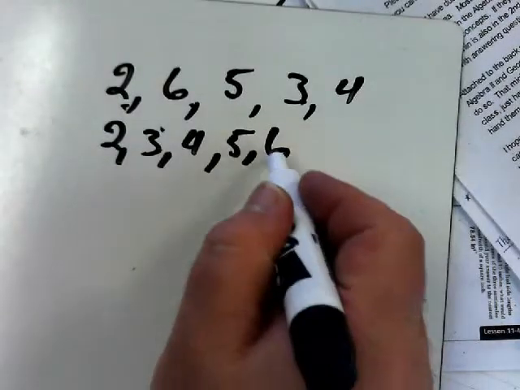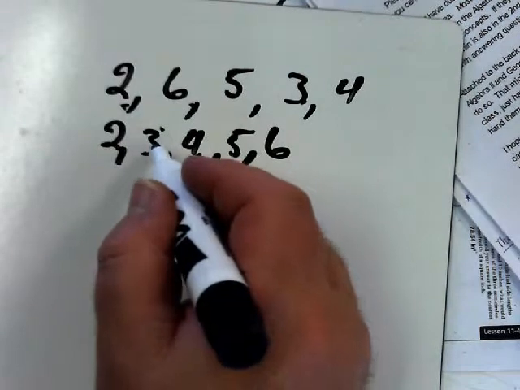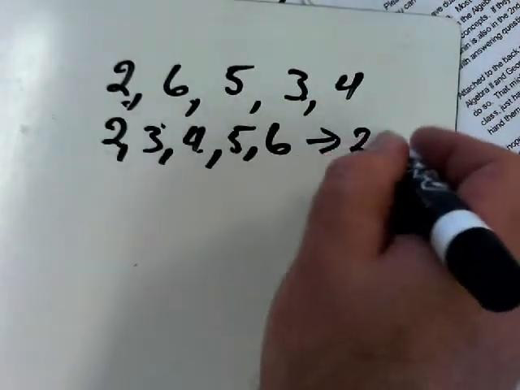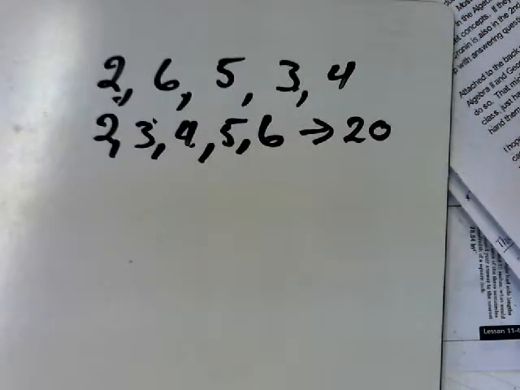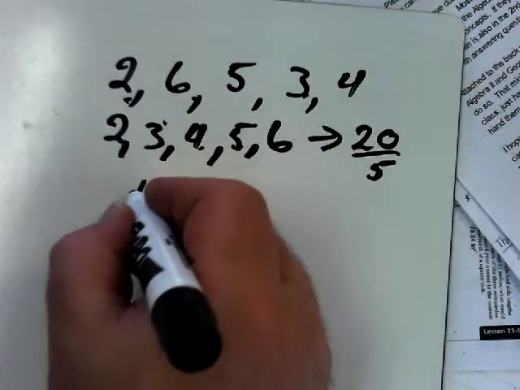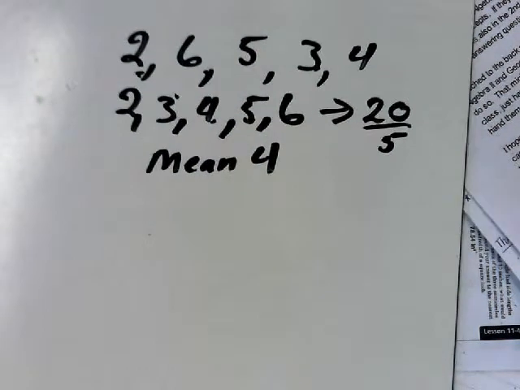So 6 and 4 is 10, 5 and 2 is 7, plus 3 is 10, 10 and 10 is 20, the sum is 20, right? Got 5 numbers, so the mean is going to be 4. Okay?